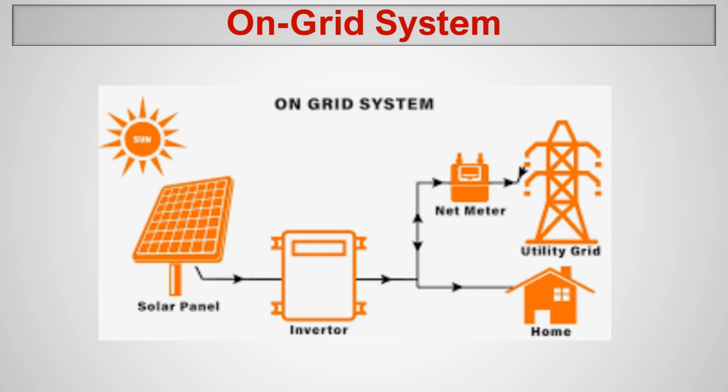If you have excess power generated during the daytime, that power will be exported to the grid. If the power generated by the solar panels is not enough, then the grid will supply the additional power to the house. This is a very simple setup where we can utilize the full potential of the solar panels.